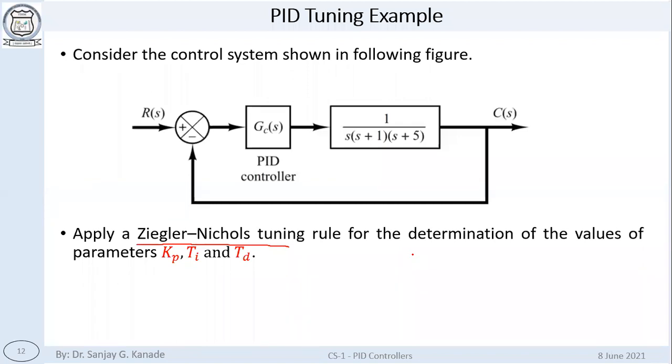Here you can see that this is just taking the concepts from block diagram reduction, or from the first unit. This is the open loop transfer function given of the system. This is the controller transfer function that we are going to find out. So many things are going to be used for solving this problem, and the most important one is the Routh-Hurwitz criterion to find out the critical gain Kcr.